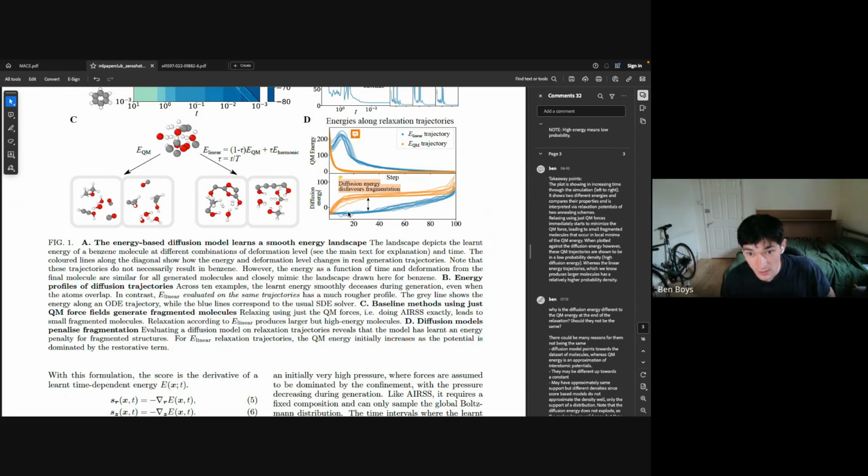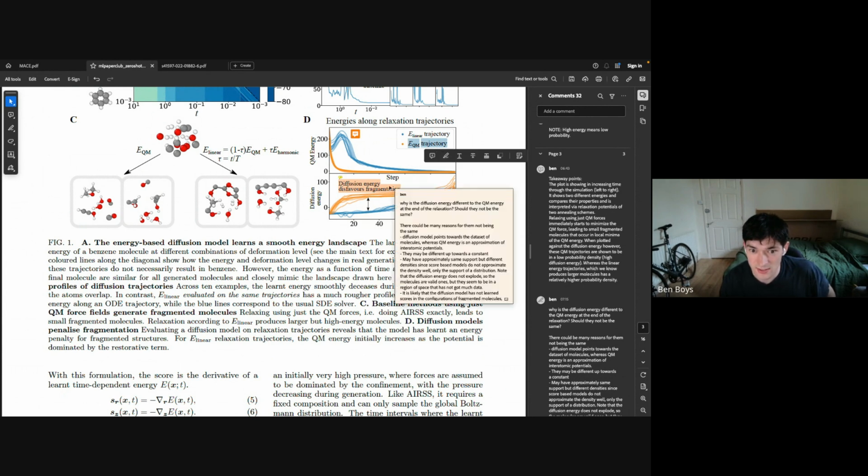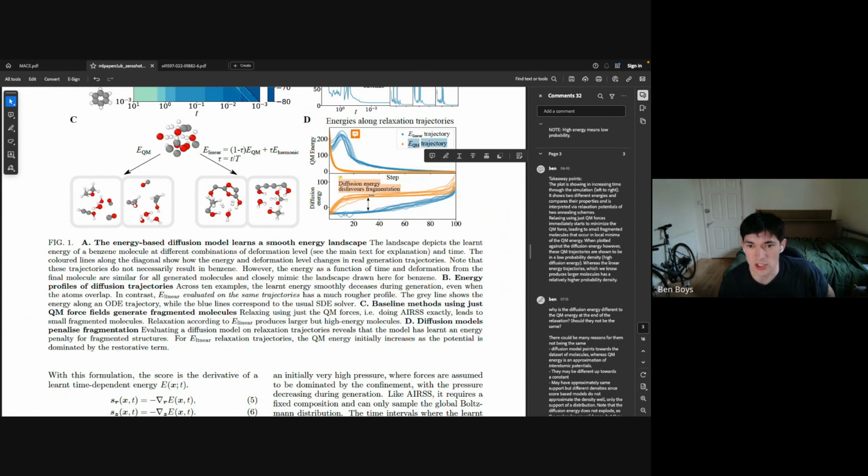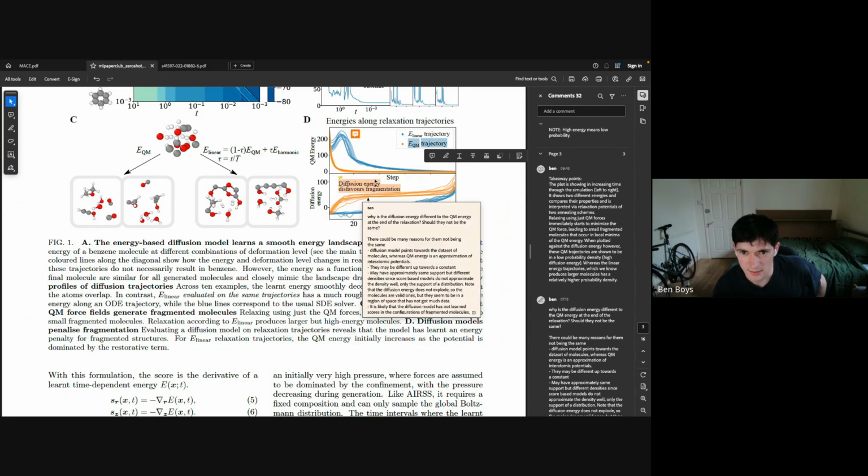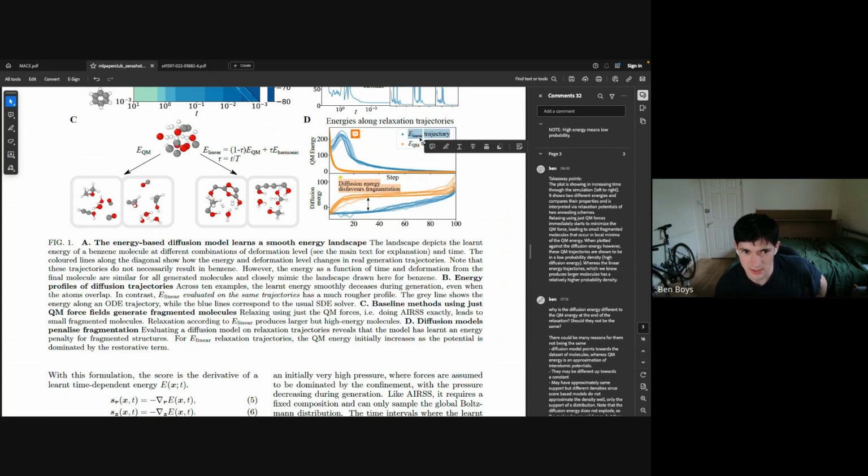So the quantum mechanical trajectory has high energy, low probability under the data distribution, because you don't see any fragmented molecules in the data set. Whereas for the linear trajectory, they're more clumped together, larger molecules.